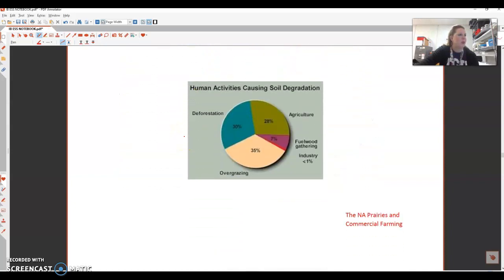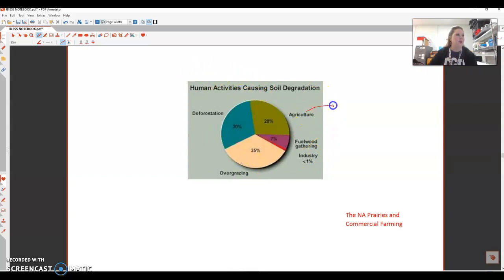So what are specific human activities that are causing soil degradation? So the overall categories: deforestation, obviously a huge chunk, overgrazing, agriculture, fuel wood gathering, not so much because it's going to be mostly lower economically developed countries, and then industry is a very small percentage.